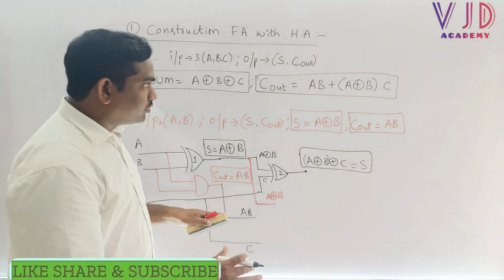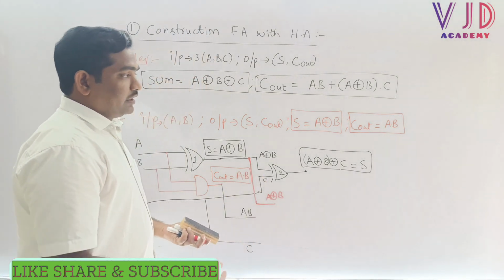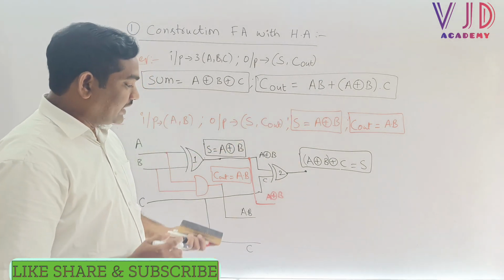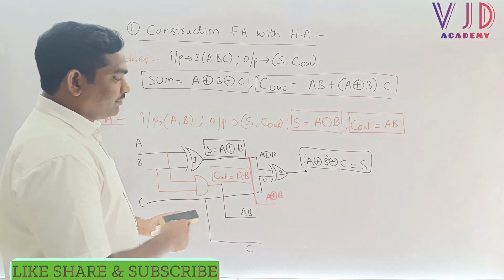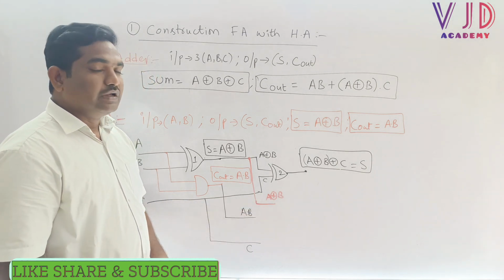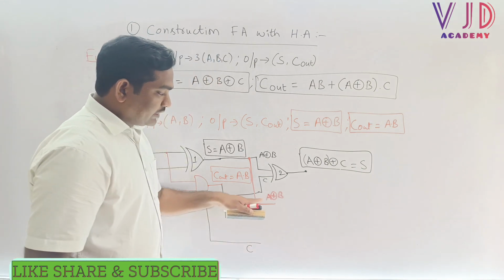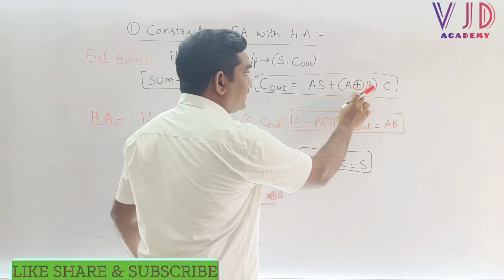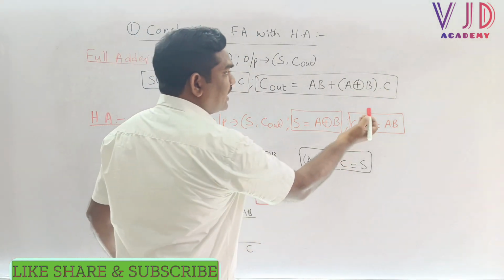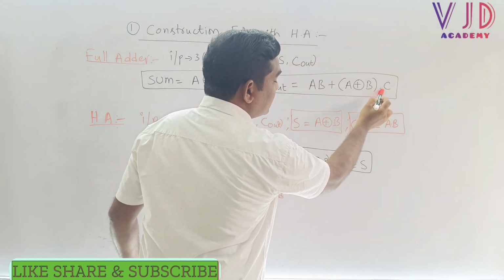And now what kind of gates do we need to use to produce this output? Let us try to analyze. Sir, here we have A XOR B, here AB, and here C. What to do? Let us see. First of all I want to connect this A XOR B with C. Sir, what kind of gate do we need to use here to make multiplication?